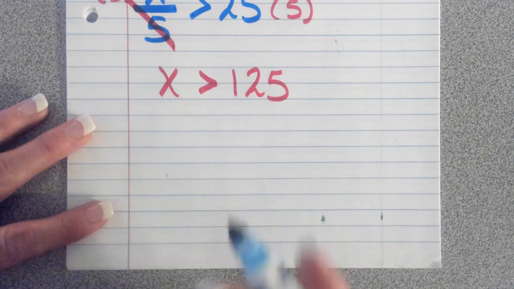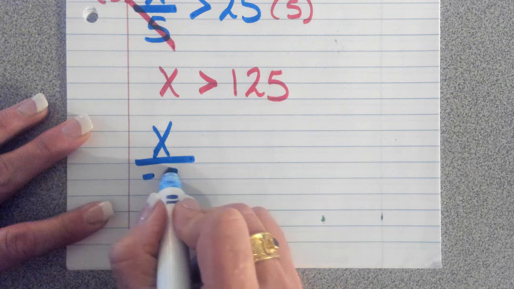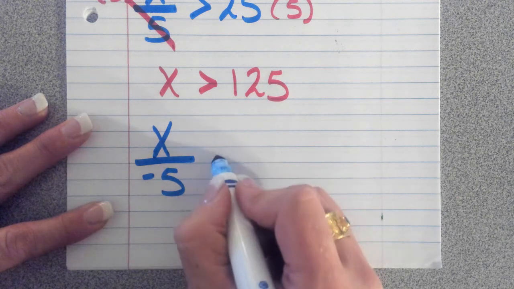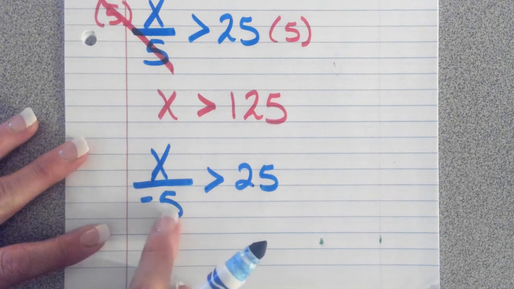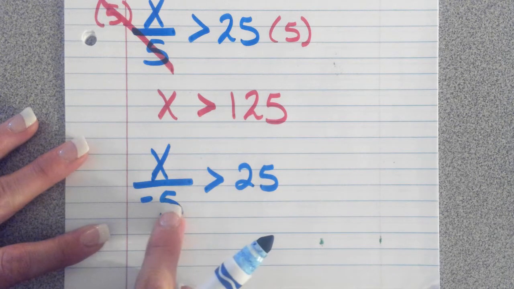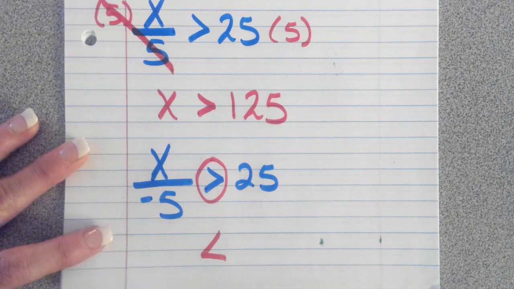We're going to do the same question, but instead of positive 5, we're going to divide by a negative 5. Greater than 25. Now see, the negative 5 is over here by the variable. If it's on the same side as the variable, you're going to want to flip your inequality. Multiply, divide by a negative, flip. It's going to go the other direction.